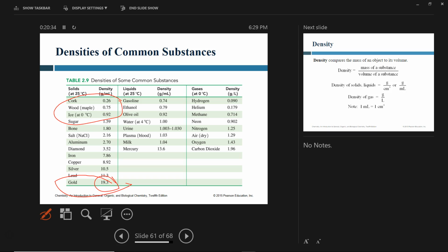What I'm trying to say is, people who made counterfeit money in the olden days would add something cheap like copper. The coins would appear to look like gold coins, but a scientist could determine the density of the gold coin and say, nah, that's not as dense as actual gold, so that's counterfeit. Something is added there. Does that make sense?